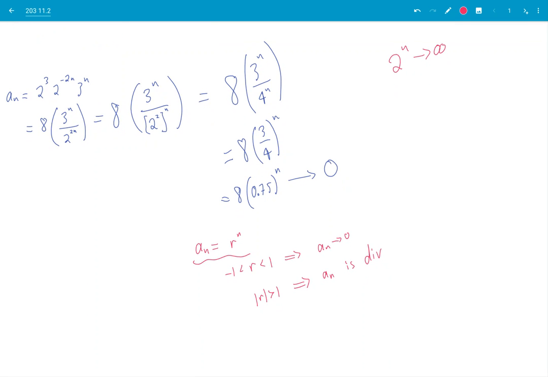Now what about if r is equal to 1? Well, that tells you that an is actually just 1. And if r is equal to -1, then you get an is divergent again, because you get an is equal to -1 to the n, which we've seen is just alternating forever.